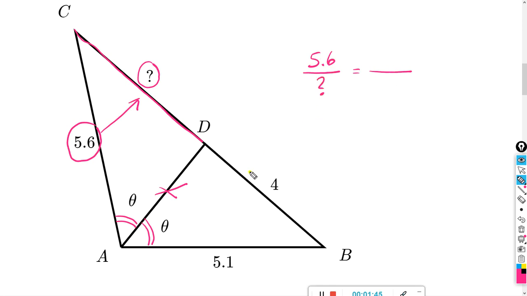And then on the other fraction, that's this triangle here, we want to set up the proportion the same way. So we're going to do 5.1 divided by 4.